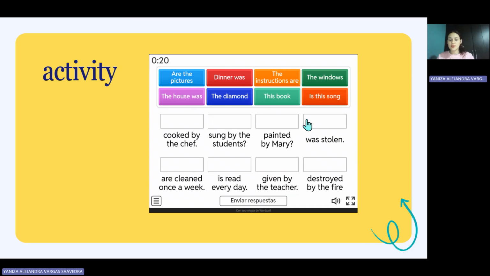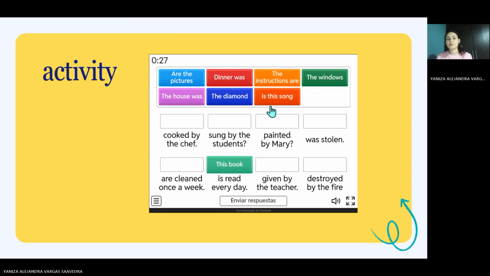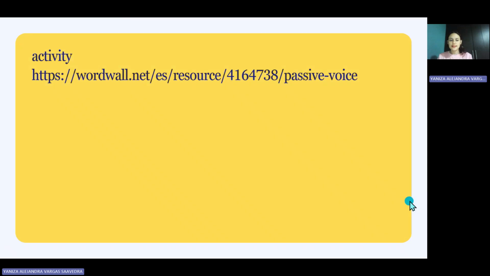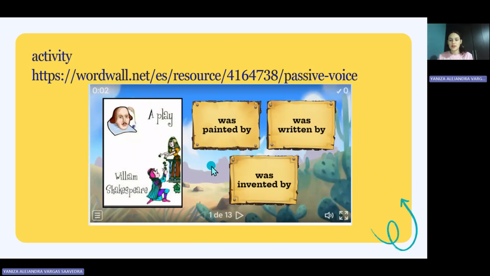It is very easy. Choose and put the sentence in the correct option. This is the first activity, and the second activity is this. You select the correct option depending on the sentence that will appear here.